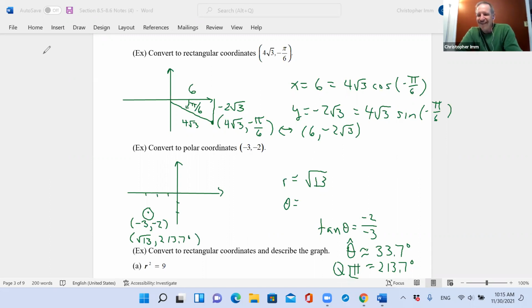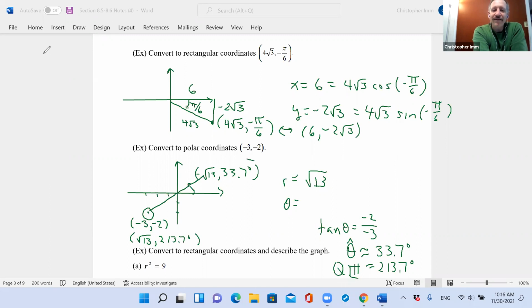However, I'm sort of intrigued by some of your other answers. So if you had a negative square root of 13 and you had the 33.7 degree angle, I would buy that as well. So here is our 33.7 degree angle. And if you had negative square root of 13 with that, it would reflect it about this axis and bring it right where it should be.